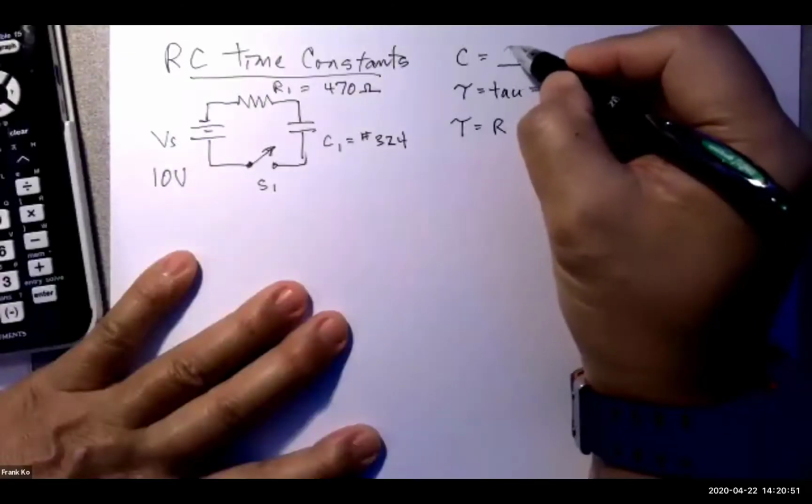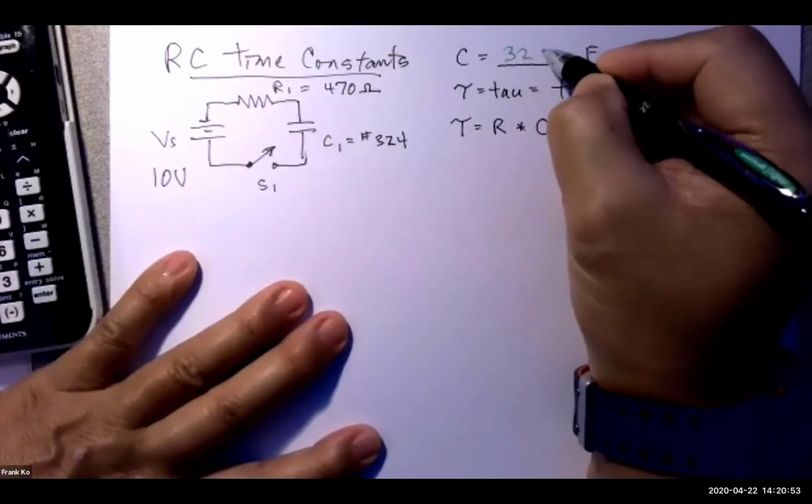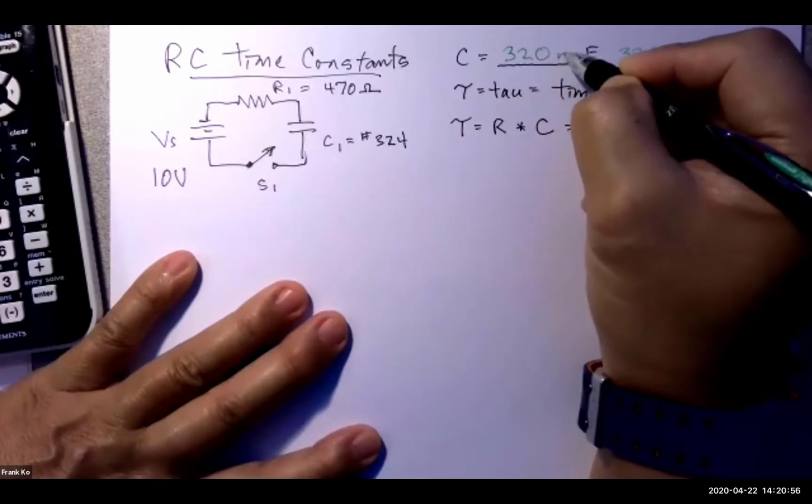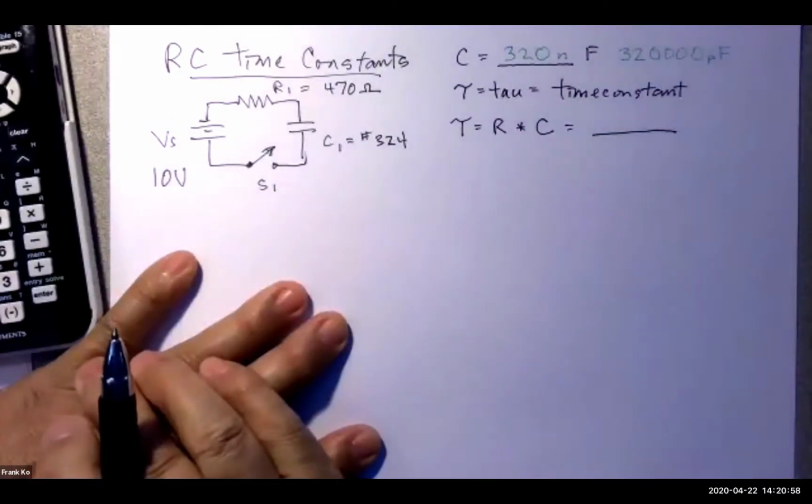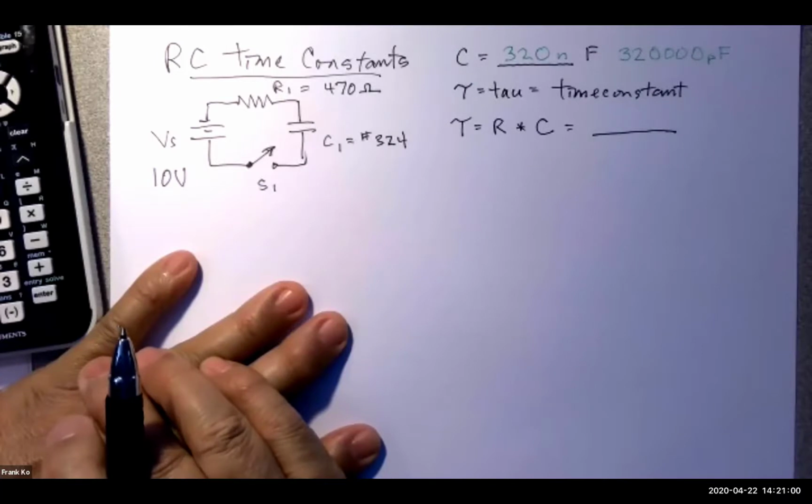Perfect. So 320 nanofarads. Is everybody all right with that interpretation? Any questions on how that's interpreted?